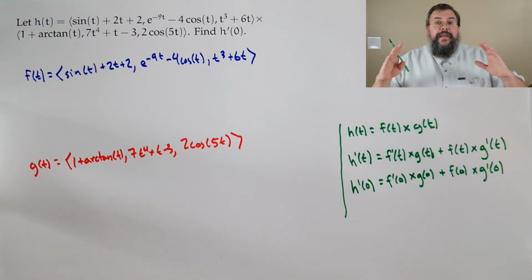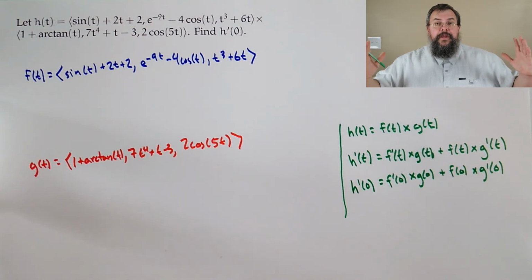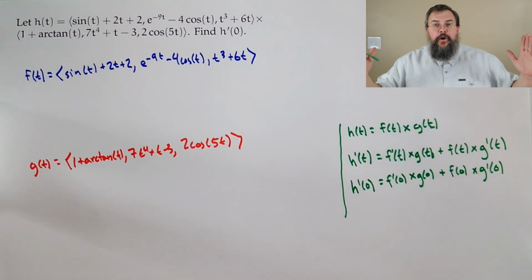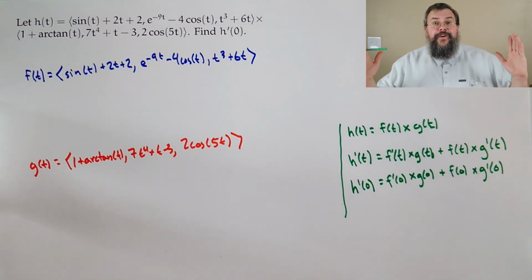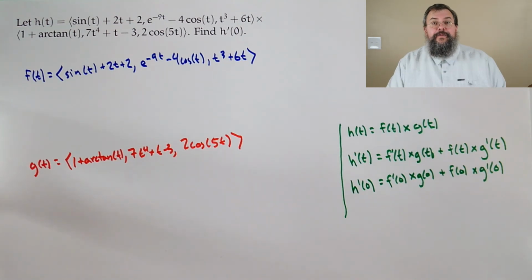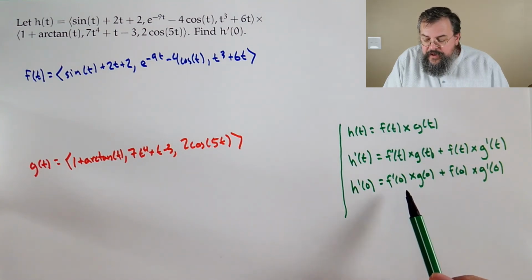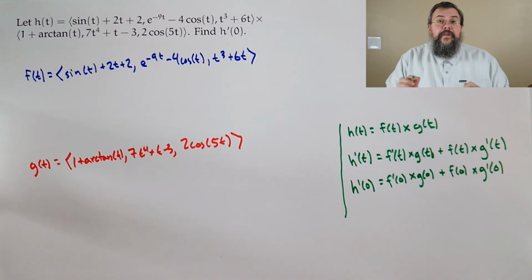The thing is, if we take our evaluation first, instead of having to deal with these kinds of expressions, we have to deal with these kinds of expressions. In other words, whoosh, it's a lot simpler to take the cross products. So let's simplify from the start. So here's our plan. We're going to find these pieces, f prime of 0, f of 0, g of 0, g prime of 0. And then we're going to take our cross product.